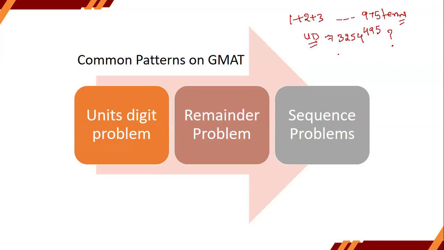So whenever you come across a complex calculation and you know that it is not possible to do it in the given time, that means you need to look out for certain patterns, right? And that is what we call pattern recognition questions. Now, the common pattern questions you come across on GMAT are unit digit problems, remainder problems, and sequence problems, right?